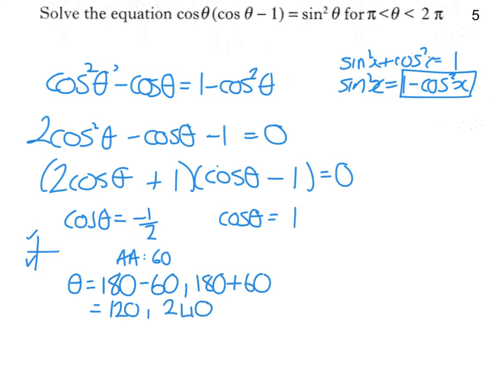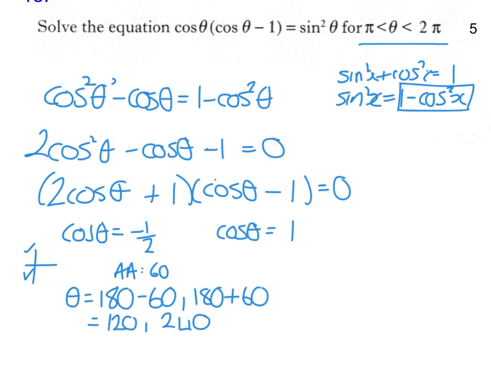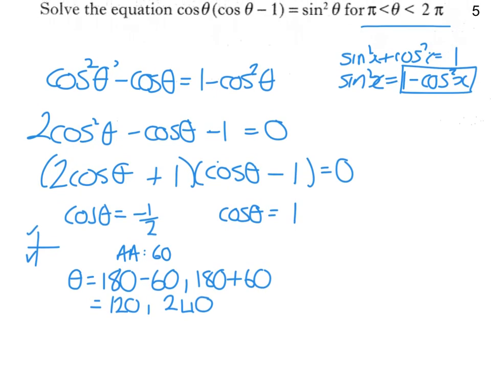Now, if I just look up at the top, it says it wants answers between pi and 2 pi. So I don't actually want that first answer because that's less than pi. So I'm using the 240. Now, 240 is the equivalent of 4 lots of 60. So that's 4 pi over 3. And another one, cos theta is equal to 1.